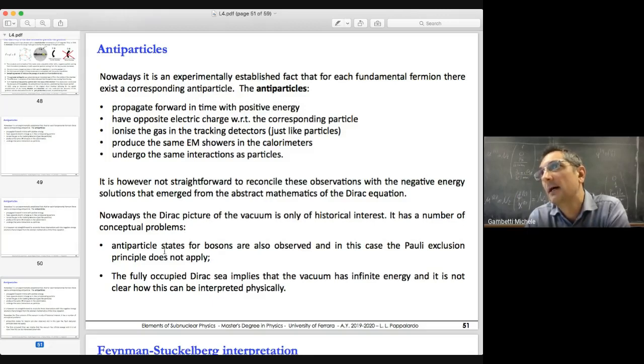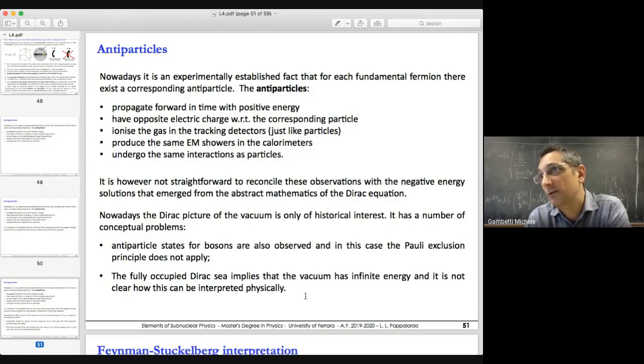First of all, antiparticle states for bosons, so antibosons, are also observed. But bosons do not follow the Pauli exclusion principle, so you cannot reconcile the Dirac theory for bosons, no way. Another problem is that the fully occupied Dirac sea implies that the vacuum has an infinite energy, and it is not clear how to interpret this physically.